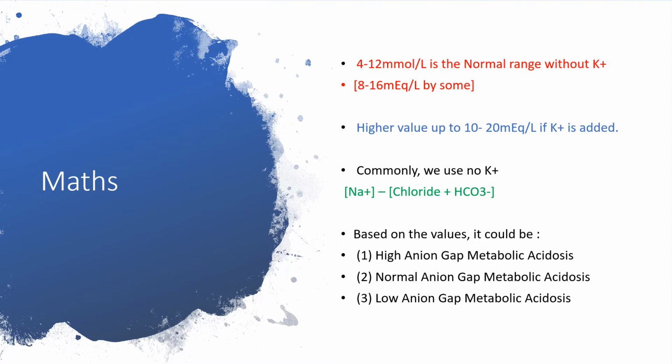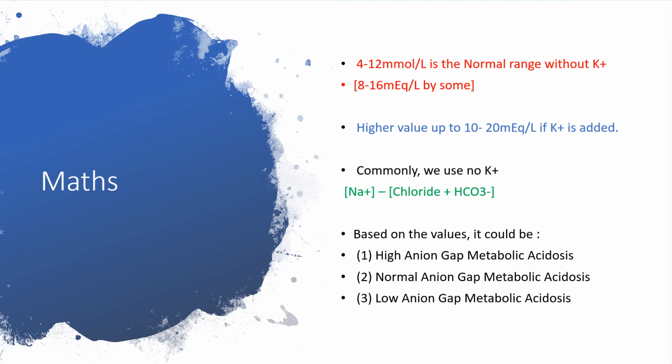We will, however, be looking for a high range of 10 to 20 milliequivalent per liter if potassium is added. And commonly, we use the expression without potassium. So, sodium minus the addition of both chloride and bicarbonate ions will form the mathematical expression.